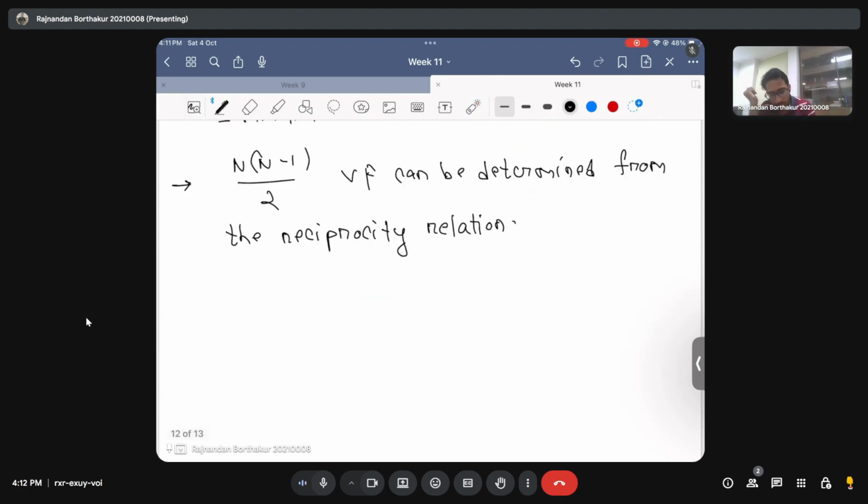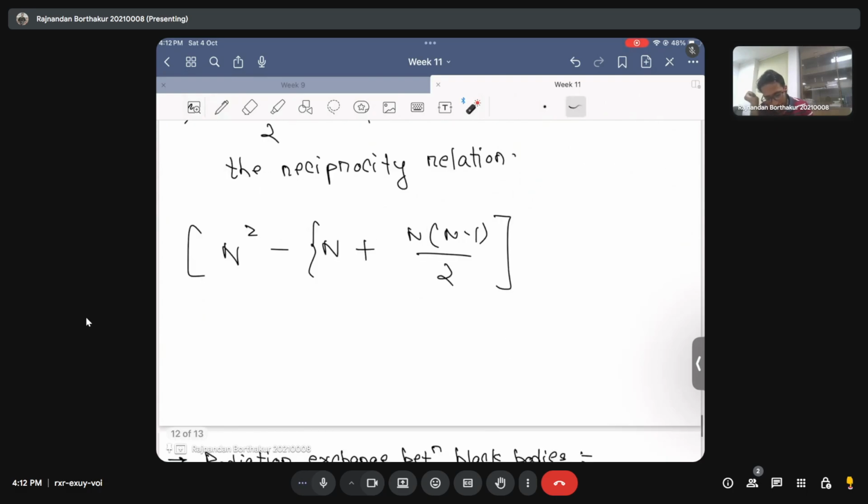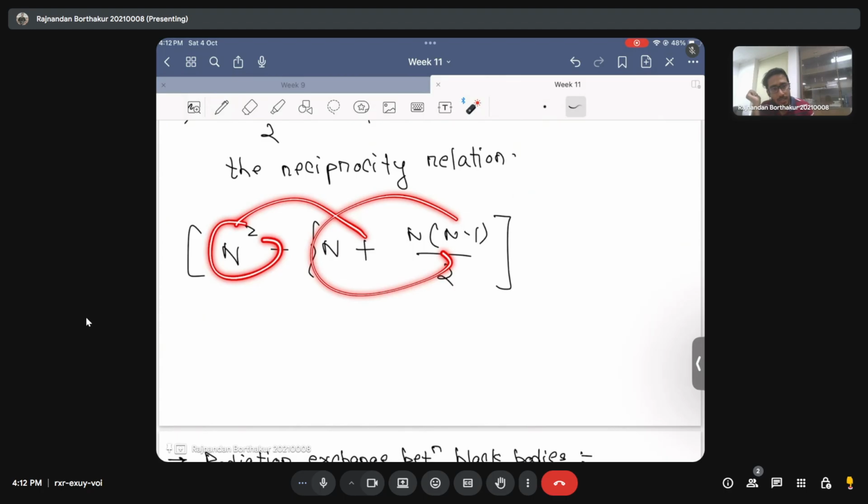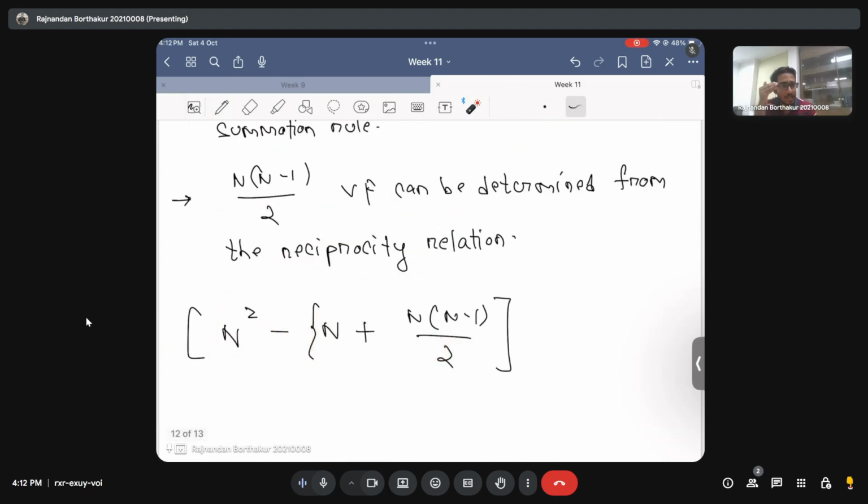Which now draws the conclusion that out of the total possible n square view factors, minus the view factors that you can obtain directly, which is n plus n into n minus 1 by 2, the subtraction of this from this will give you the number of view factors that you need to know a priori, or it should be directly given to you. If you do this subtraction, this will just come out to be equal to n into n minus 1 by 2.